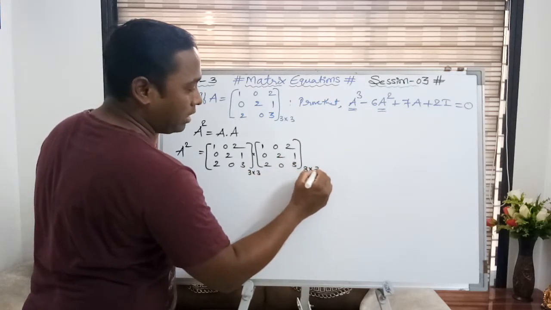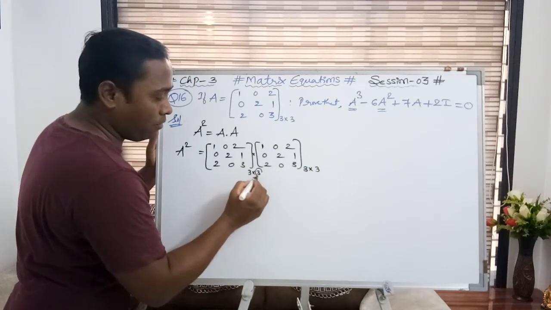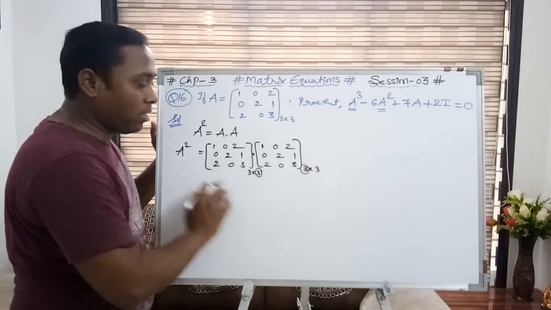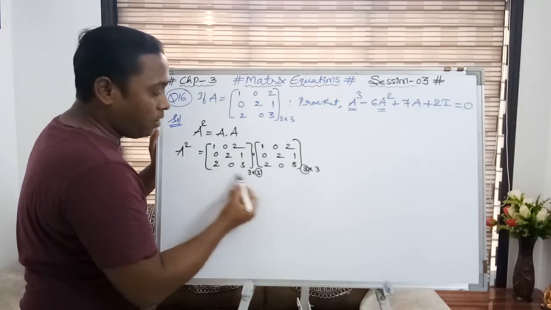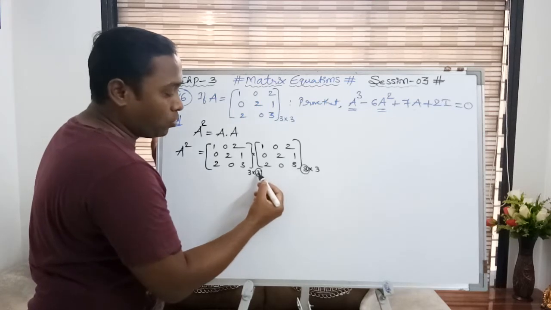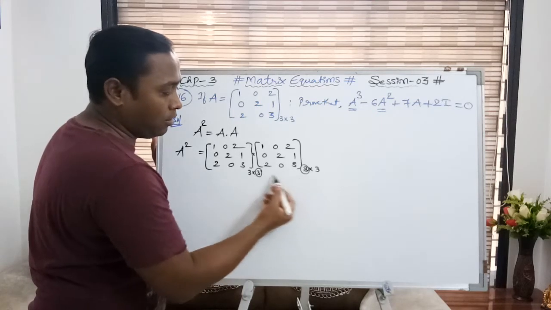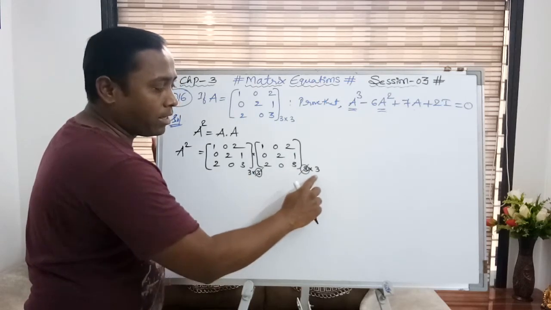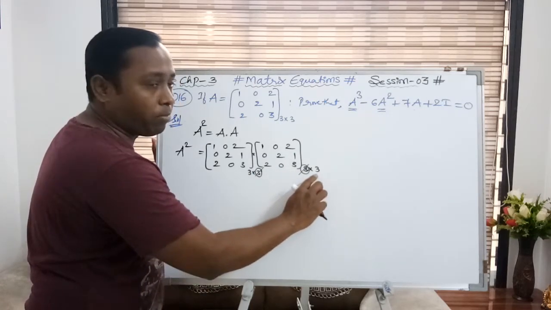Here also the order is 3 by 3. Now what is the rule to check whether multiplication is possible or not? The first matrix's number of columns and the second matrix's number of rows must be the same. Here you can see these two are the same, hence the resultant matrix would again be a 3 by 3 matrix.